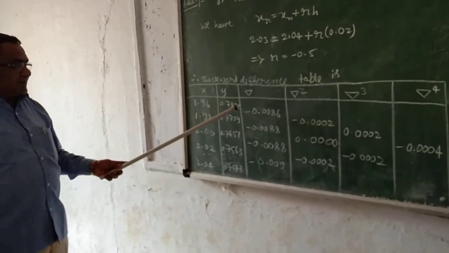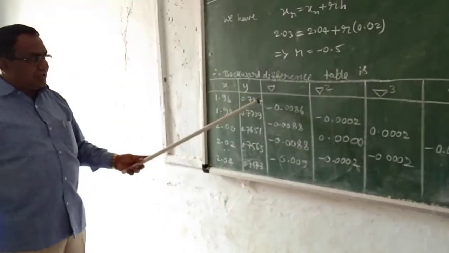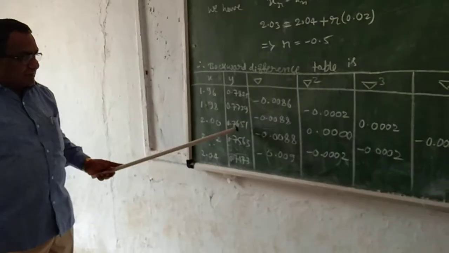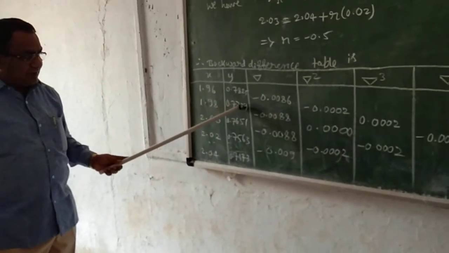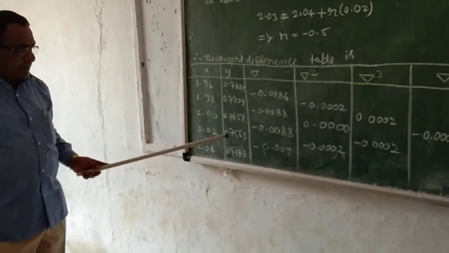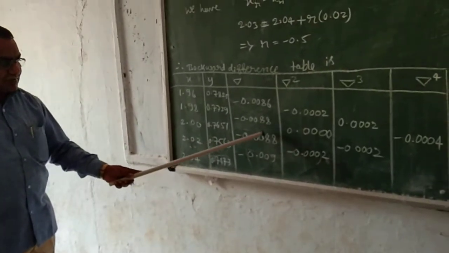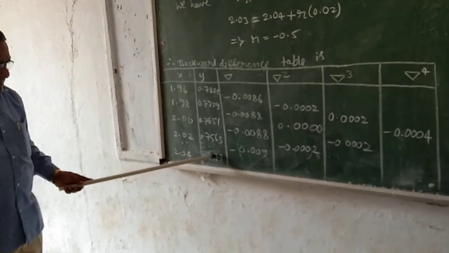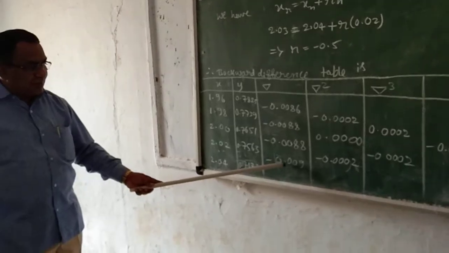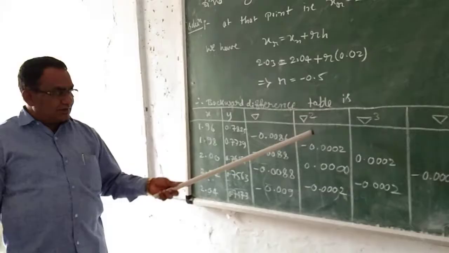Then the first backward difference: 0.7739 minus 0.7825 is minus 0.0086. 0.7651 minus 0.7739 is minus 0.0088. 0.7563 minus 0.7651 is minus 0.0088. 0.7473 minus 0.7563 is minus 0.009.